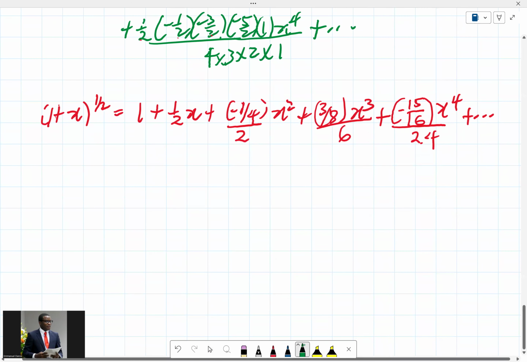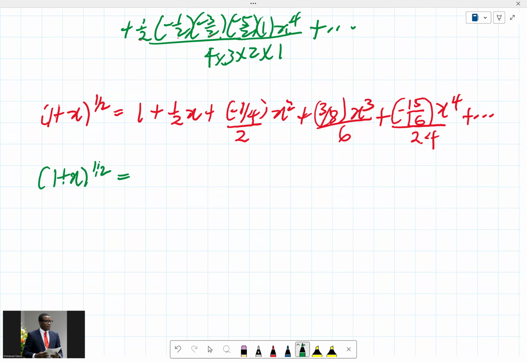So now things are getting tidier. So we have 1 plus x raised to power half is equal to 1 plus half x.